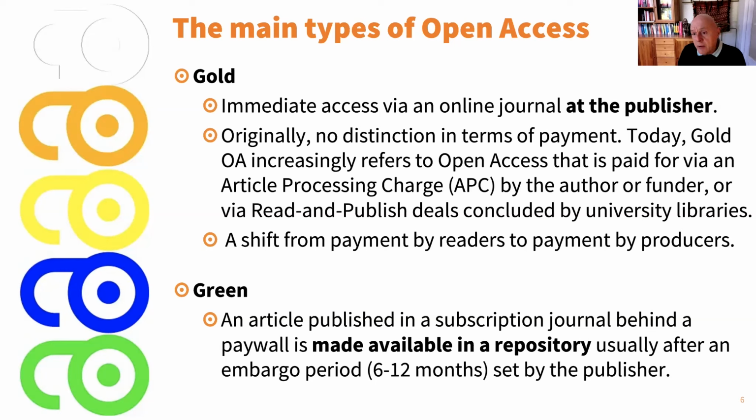They also very often give access to preprints and to dissertations of the university. So they play an important role in the ecosystem of open access going forward. So this is for green. Then, of course, in repositories, no payment is involved. After 6 or 12 months, this article is made freely available on the repository and is free to read for everybody.